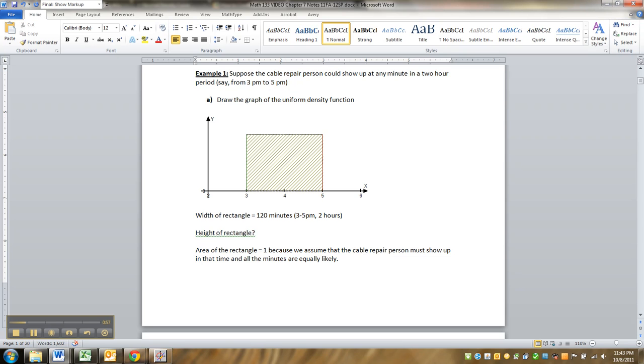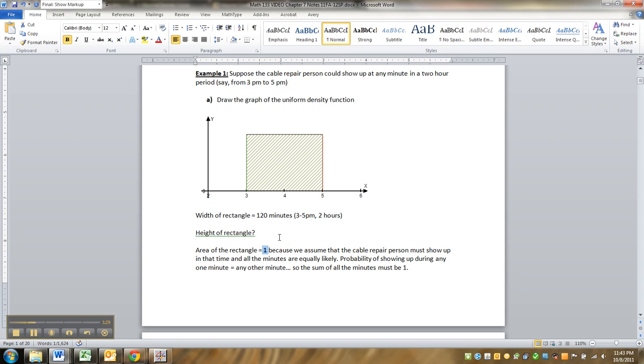And if that's the case, the probability of showing up during any 1 minute is equal to any other minute. Let me put it that way. So the sum of all the minutes must be 1. Right? That's the rule from chapter 5, that the probability for the entire sample space has to make 1.